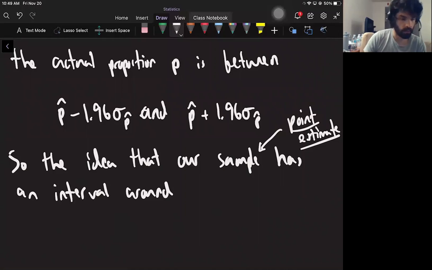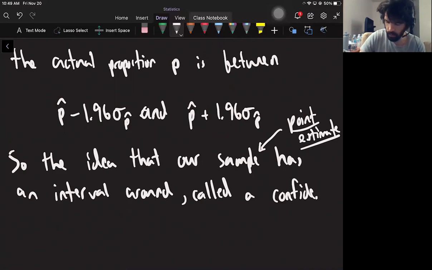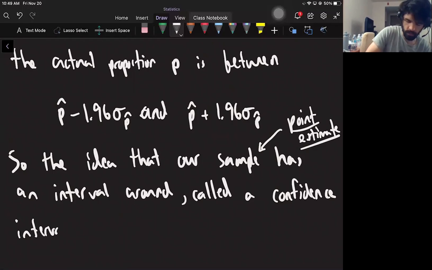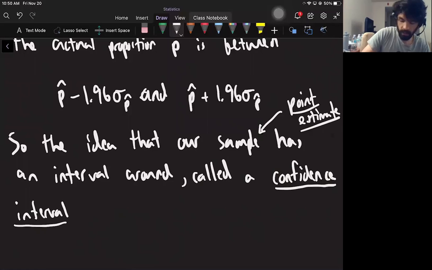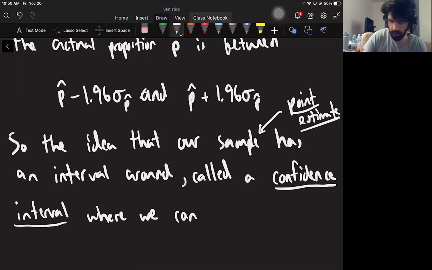So it has an interval around it, and that also will have a special name called a confidence interval. Stats people just like to add on extra fancy names to confuse everybody. But the idea behind the confidence interval is that you can be reasonably confident that the actual proportion is in there. So that's, I guess, why they picked that name.